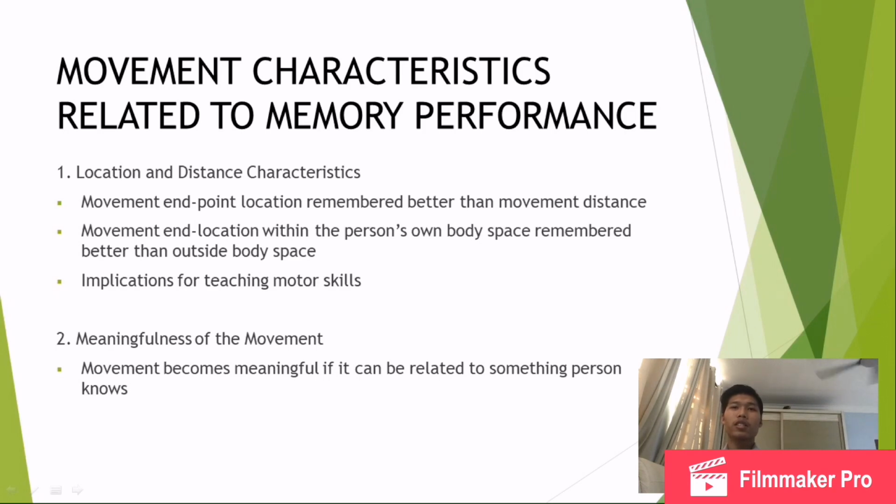The second characteristic is meaningfulness of the movement, which means a movement becomes meaningful if it can be related to something the person knows. For example, a movement that a person is familiar with is more meaningful compared with one the person has never seen. It will increase the meaningfulness to the person and he will be able to memorize the movement.